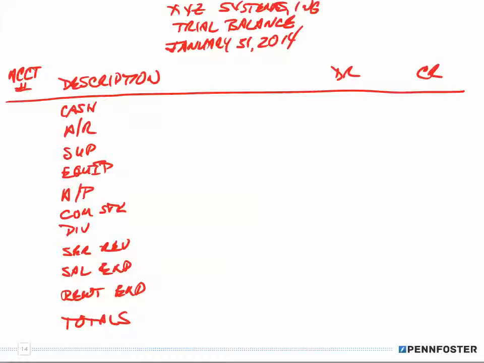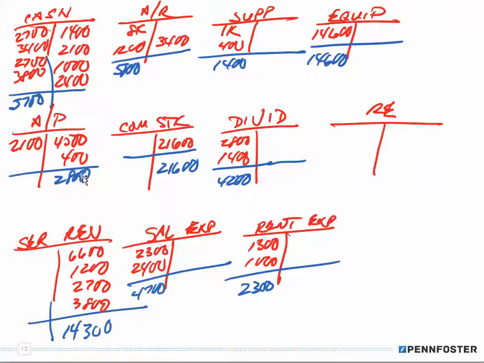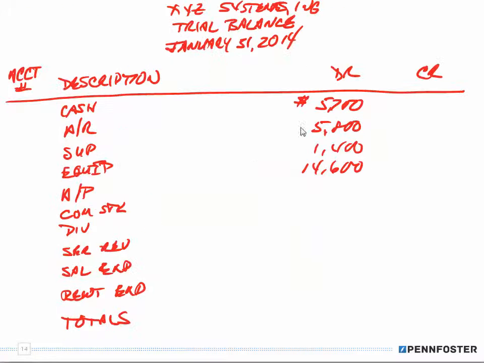So in the debit column, the first number gets a dollar sign, so I get 5,700, 5,800, 1,400, 14,600. Let's see, payables is a credit of 2,800, common stock is 21,600. So the first number in the credit column gets a dollar sign, and so that's 2,800 and 21,600.